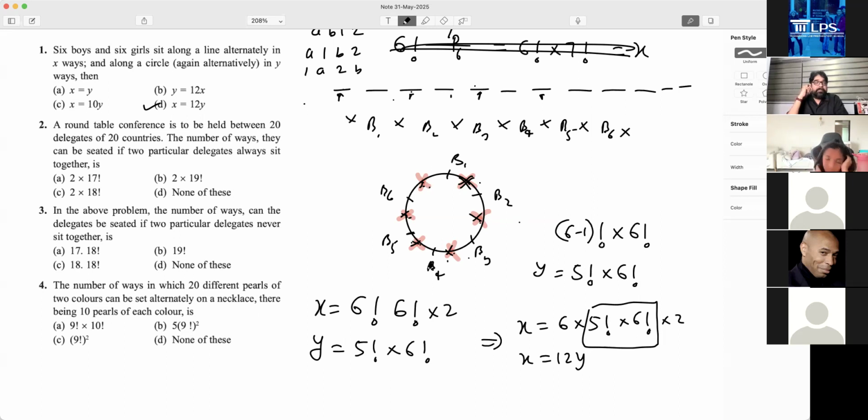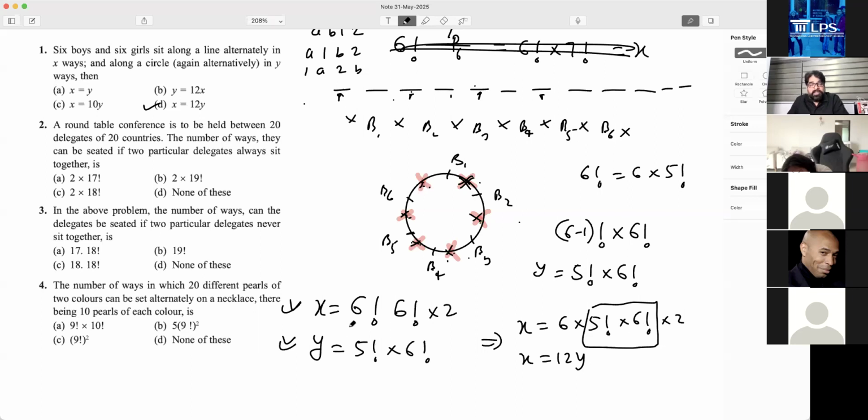Sir, how did you get X equals 6 into 5 factorial into 6 factorial into 2? Do you know 6 factorial? We can write it as 6 into 5 factorial. That's what I did. Here, this 6 factorial, I wrote as 6 into 5 factorial, and into 6 factorial already there, into 2.